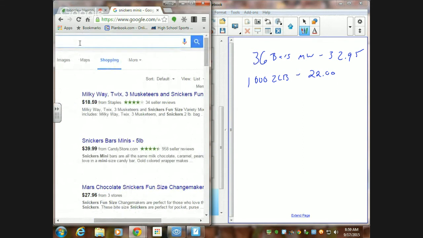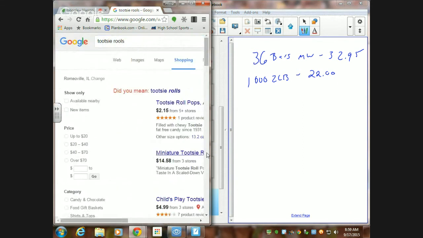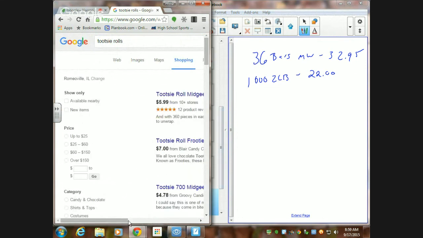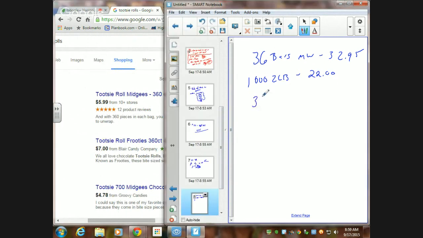Let's do Tootsie Rolls. You got the 360 count bag of Tootsie Rolls for $5.99. Give me one more item, guys.